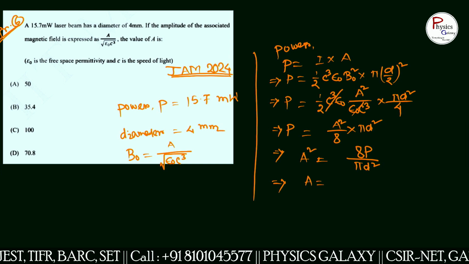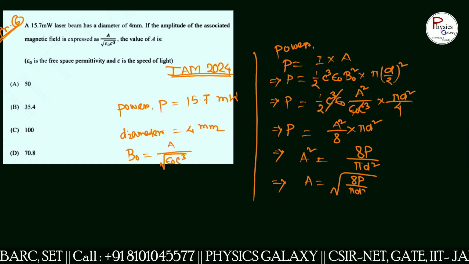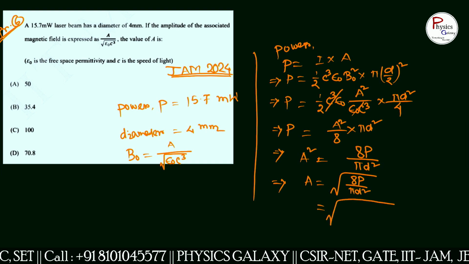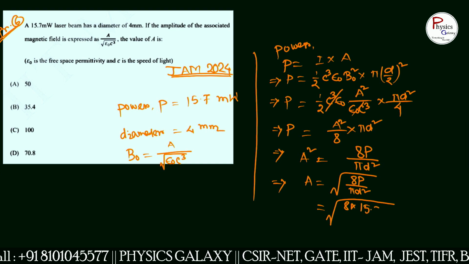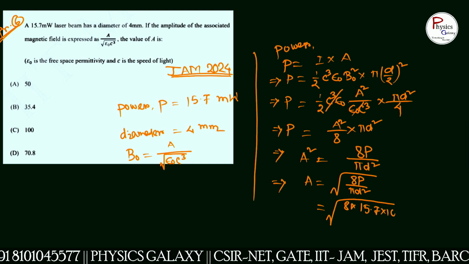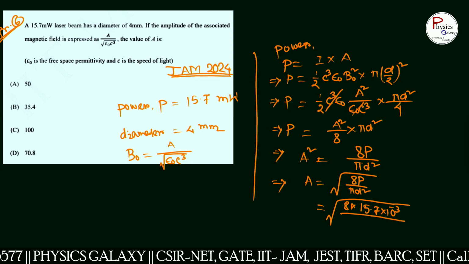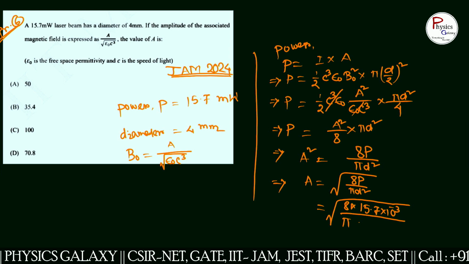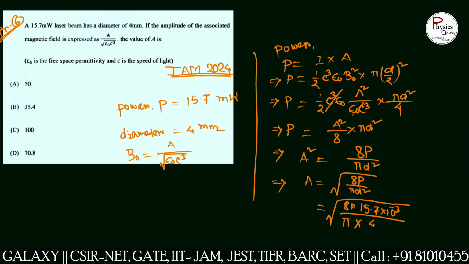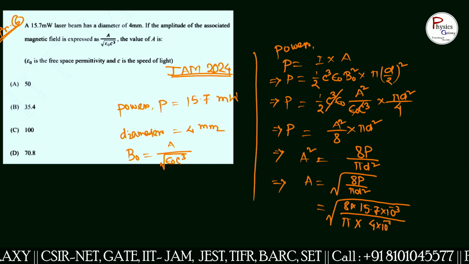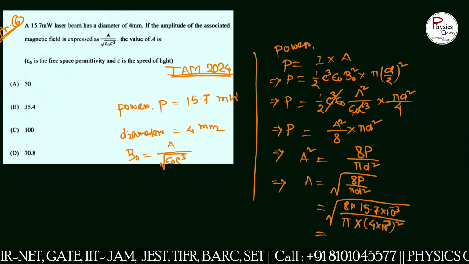So A will be root under 8P by pi D square equals to 8 into 15.7 into 10 to the power minus 3 by pi of the value of D, which was given as 4 millimeter, square.